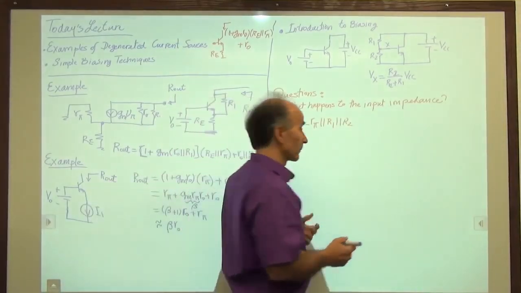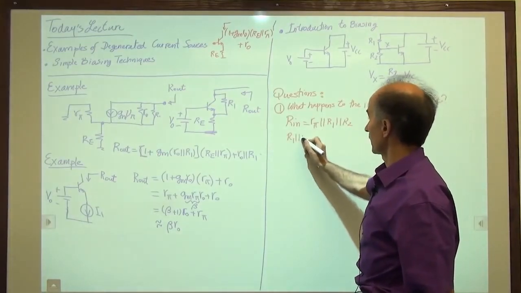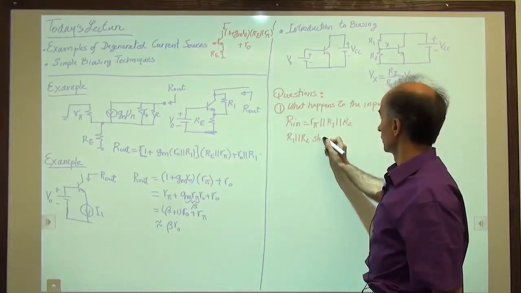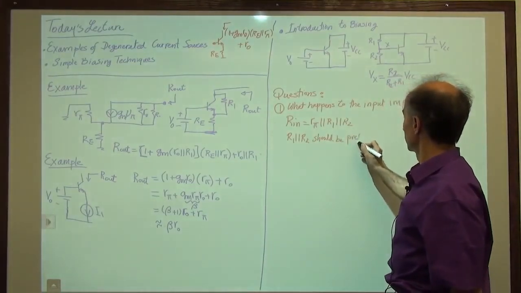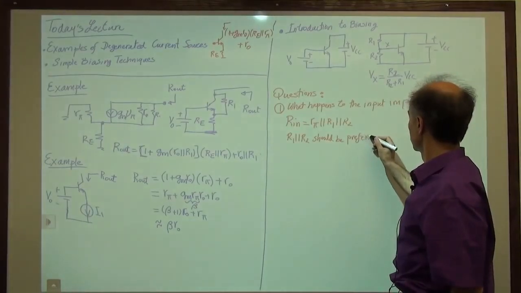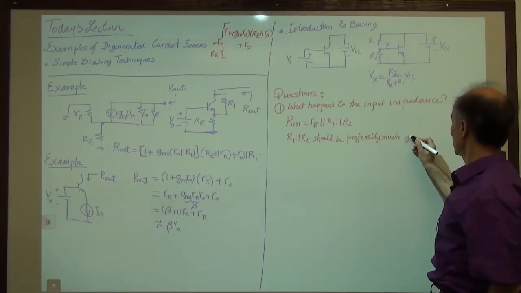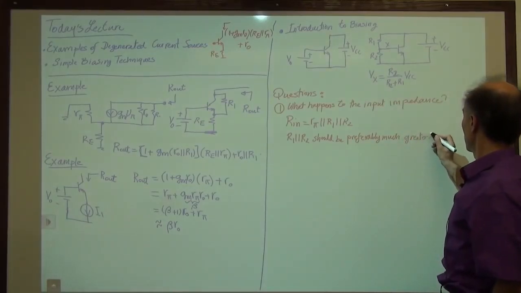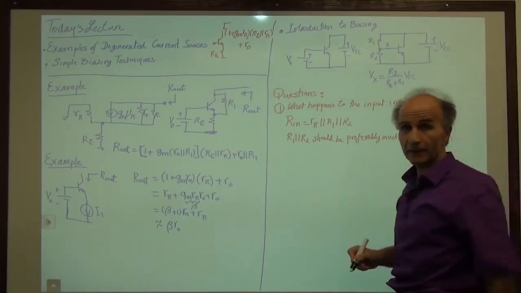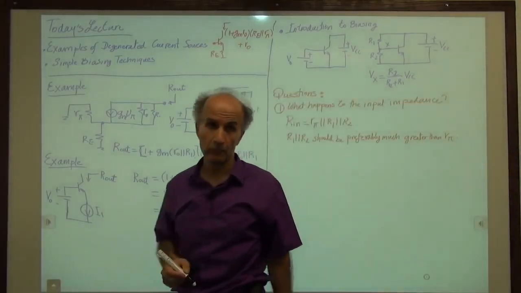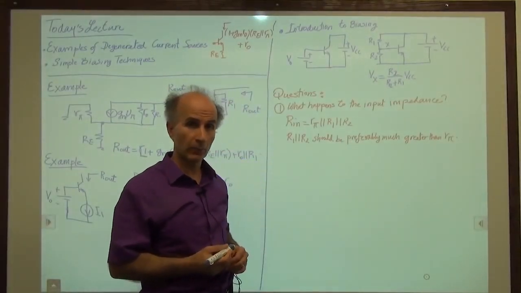So ideally, R1 in parallel with R2 should be preferably much greater than R pi, so that the input impedance is still approximately equal to R pi. Now sometimes this is possible, sometimes not, but that is our preference.